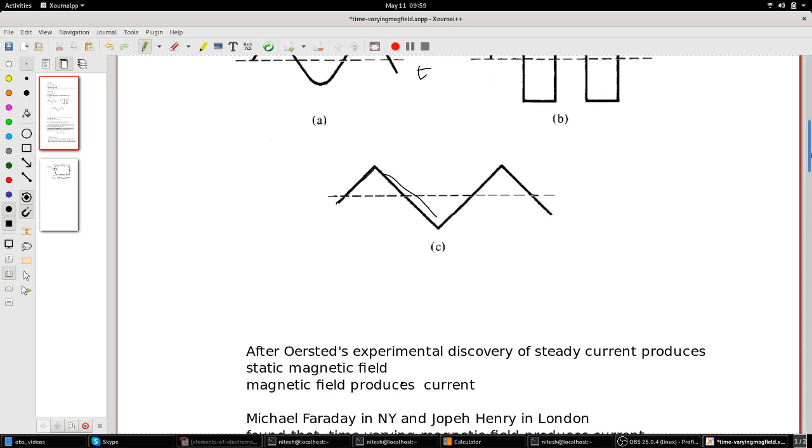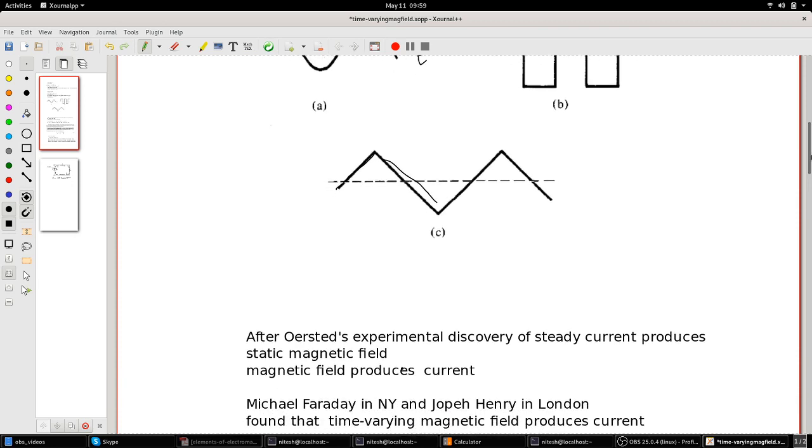Okay, so why this came into the picture was after Ørsted's experimental discovery that a steady current produces a steady magnetic field, which was your Biot-Savart law or the Ampere law. They are one or other form of Ørsted's experimental discovery.